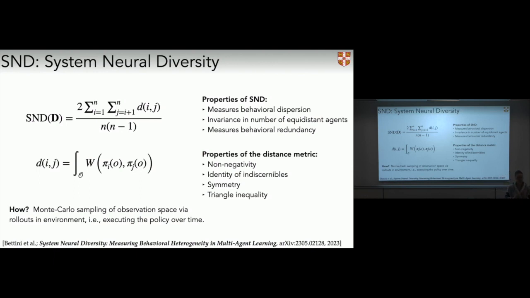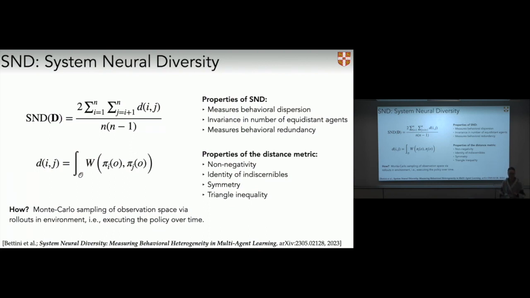It's a very elegant metric and has many elegant properties that make it stand out with respect to, for example, the KL divergence. And our distance metric is actually a proper distance metric. So it's non-negative, it has identity of indiscernibles, it's symmetric, and it respects the triangle inequality. The only key challenge we need to overcome is how do we actually measure it?